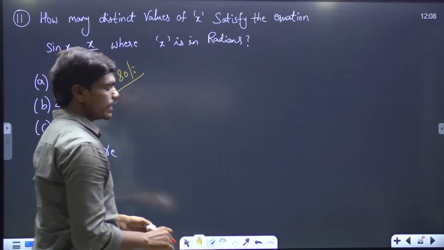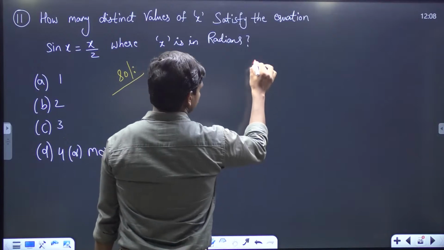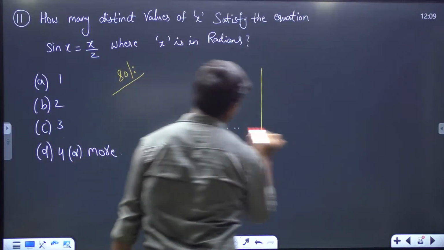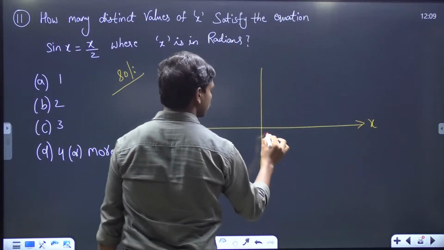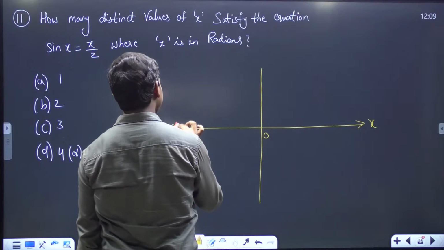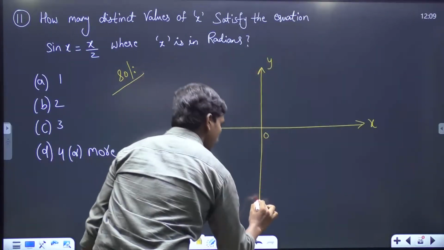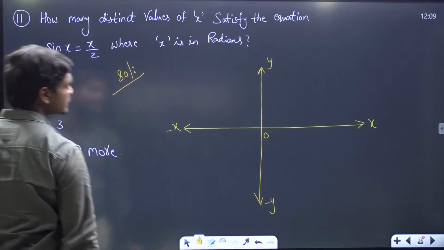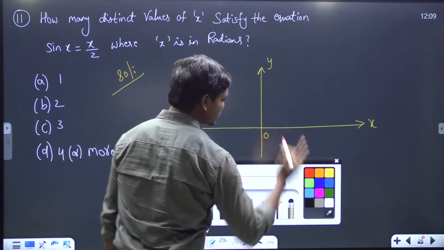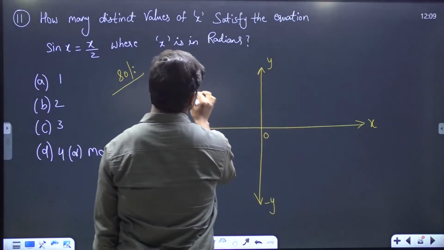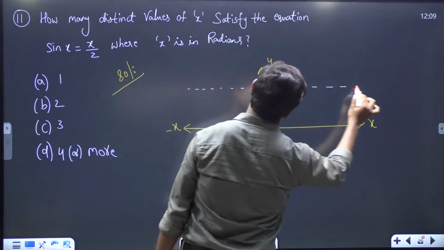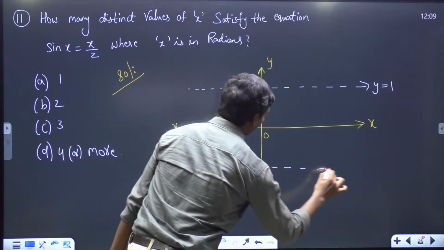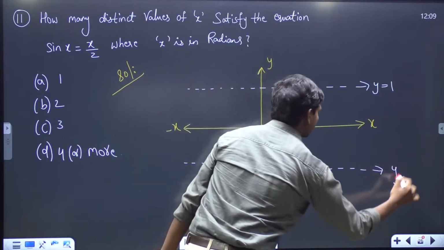Three solutions. Okay, let me check. Now let us plot these two curves. First of all, y is equal to sin x. You know, in the first lecture of basic calculus, I told you how to plot y is equal to sin x. The maximum limit is y is equal to 1 and the minimum value is y is equal to minus 1.